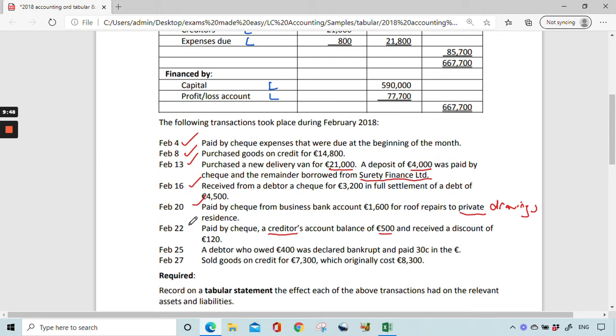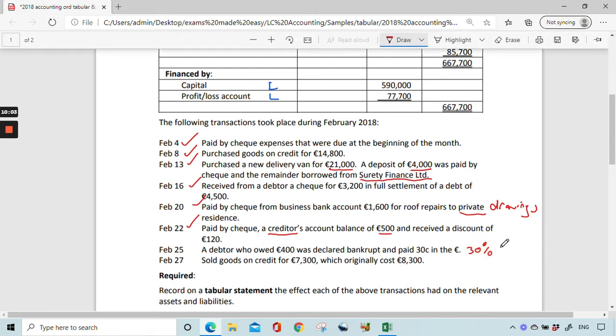February 25th, a debtor who owed €400 was declared bankrupt and paid 30 cents in the euro. So basically they paid 30% of the debt. 30% of 400 would equal €120.